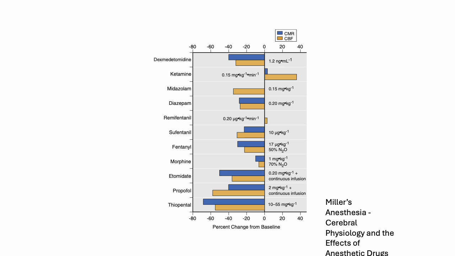And when you look at drugs like dexmedetomidine, midazolam, diazepam, opioids, propofol, they all do pretty good things, other than ketamine, which is the exception. Ketamine actually increases metabolic rate in some areas of the brain, especially the limbic system. So that's why people tend to be a little bit careful.